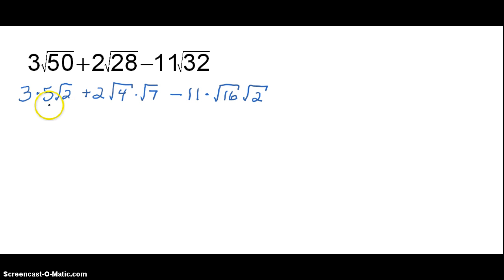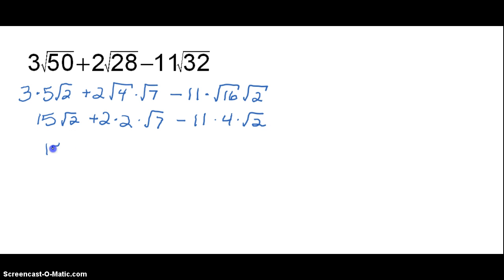So this first term becomes 15 square root of 2 plus 2 times square root of 7, minus 11 times 4 times square root of 2 again.